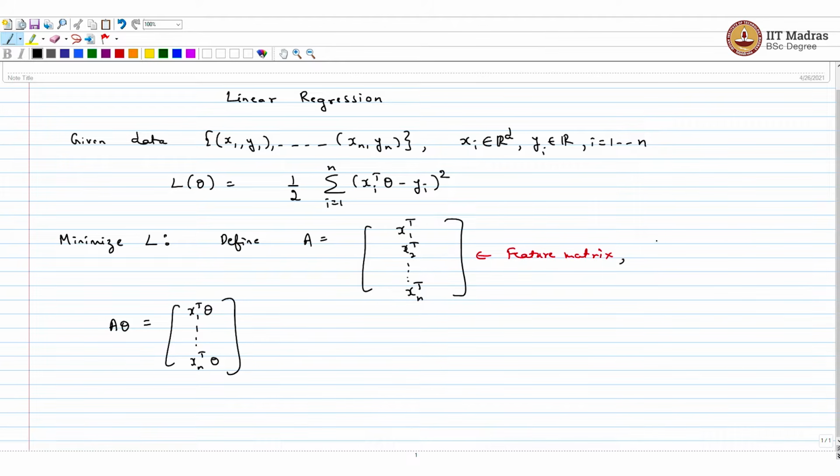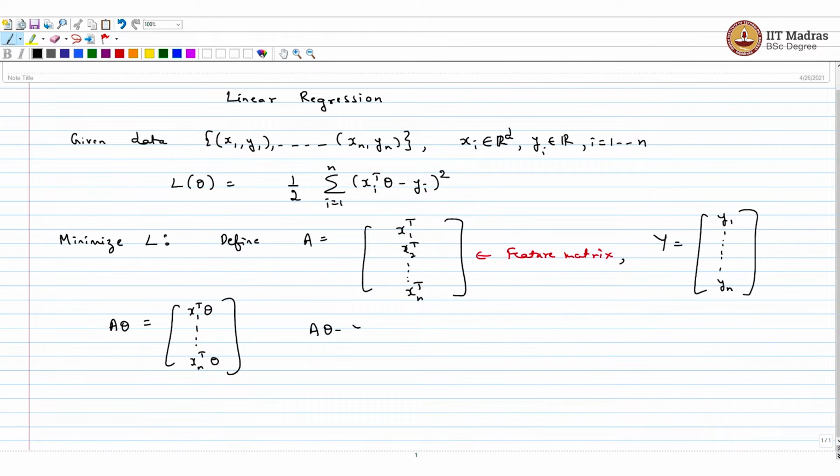Suppose you also define a vector y. I used the notation B before, but it's better to use a minor change of notation in general settings, so I'll use y: y1 until yn.